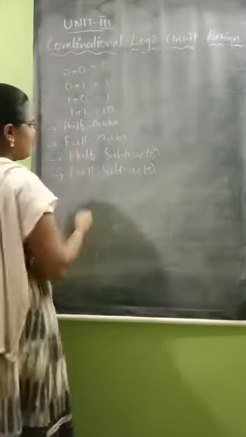And the next one is the full adder. Here the combinational circuit performs the addition of two or three binary bits, and it is called a full adder.